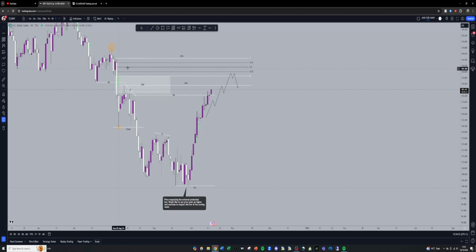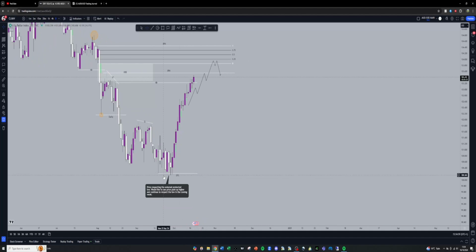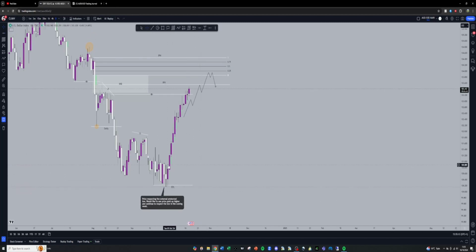So we had the break, we created a supply on the daily imbalance, inducement, had another daily break, we came down. This is our external protected low, which we respected. 2 failed closes below it. This obviously indicates to me that price wants to push up higher, which we can see.